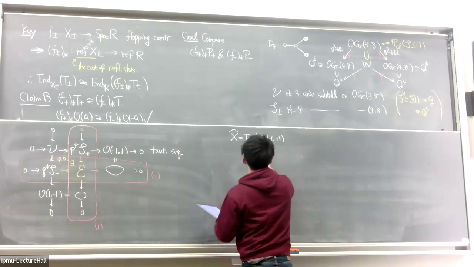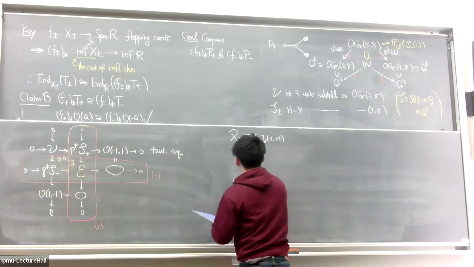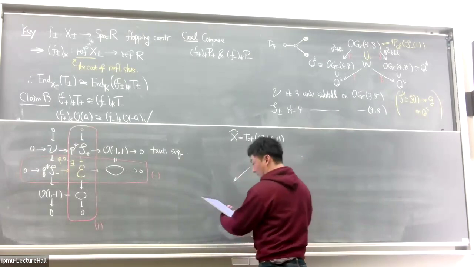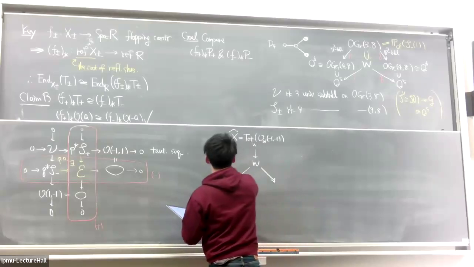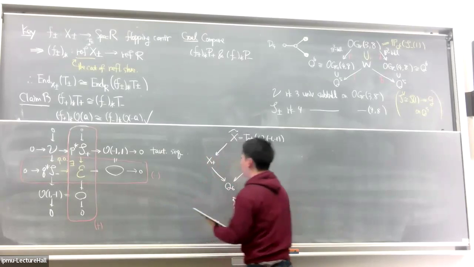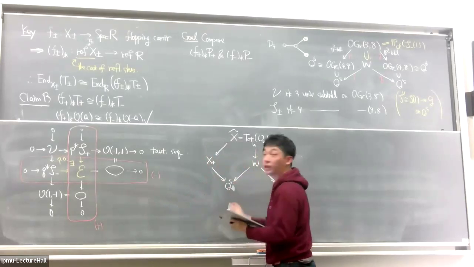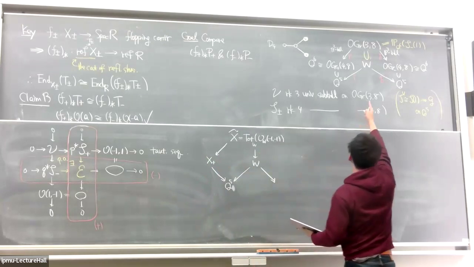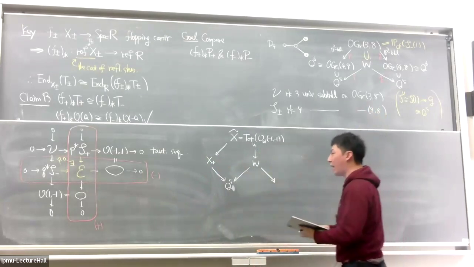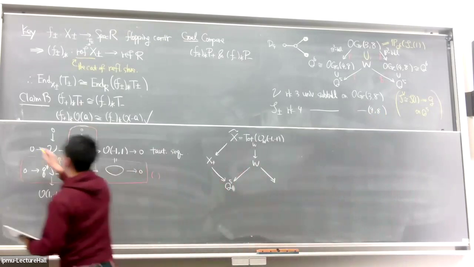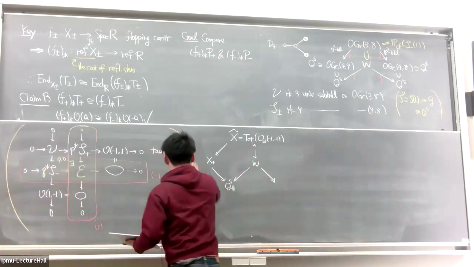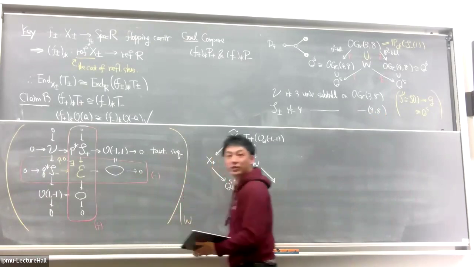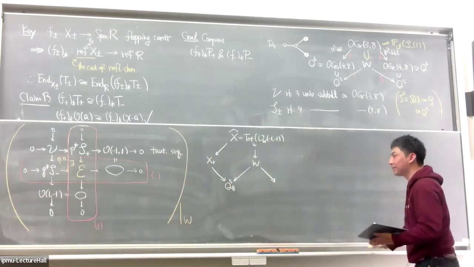And of course, this is projected to W, so this diagram exists on the orthogonal side. Now we leave everything using that notation.